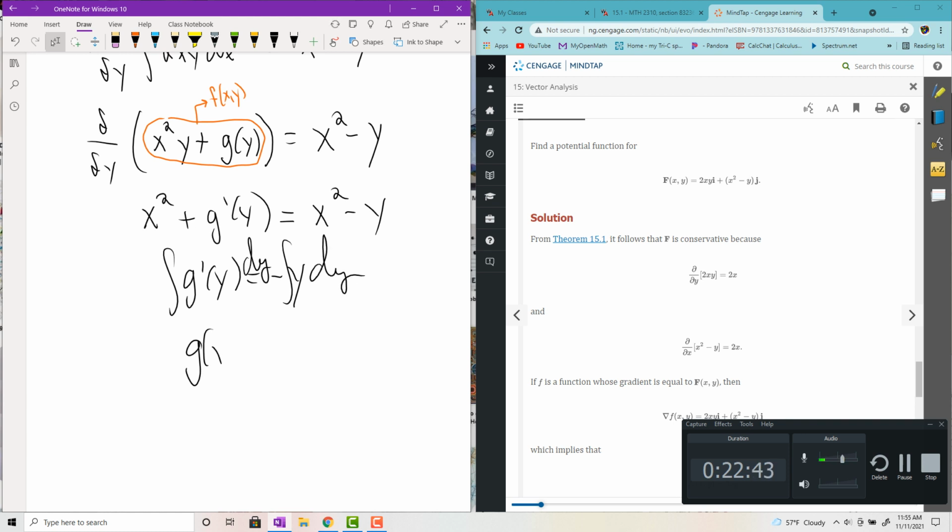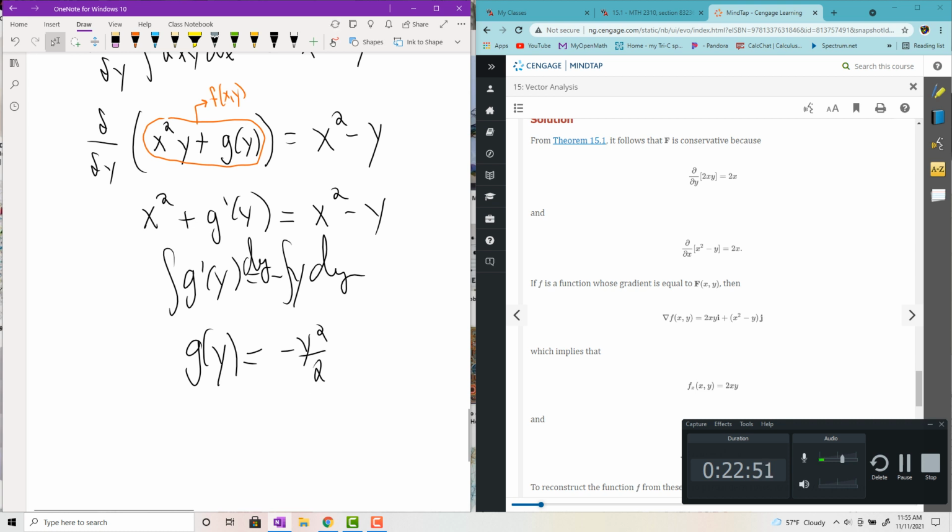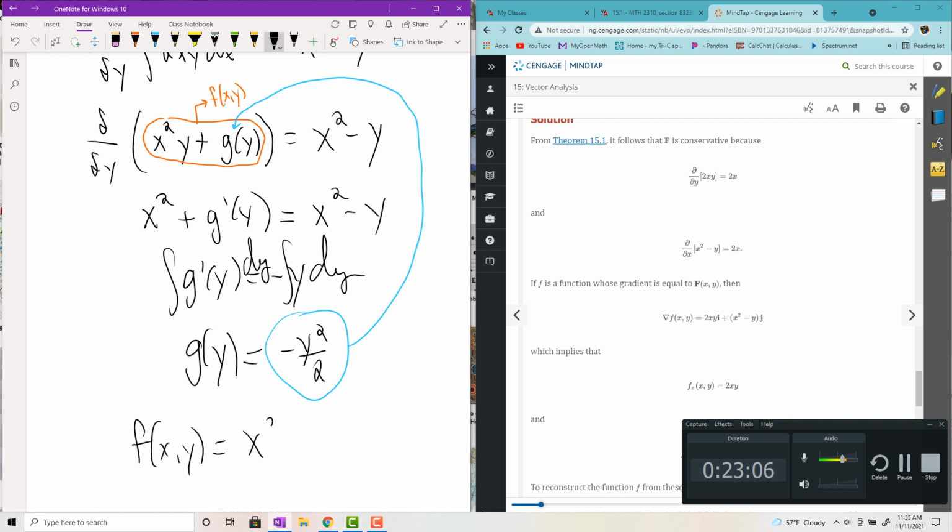You'll end up with g of y equals negative y squared over 2 plus some constant, but the constant for us really isn't going to matter. At the end of the day, you just plop this expression back in here, and you have your f. So f of x comma y is equal to x squared y minus y squared over 2.